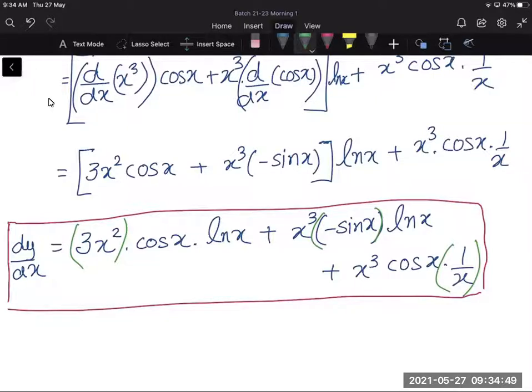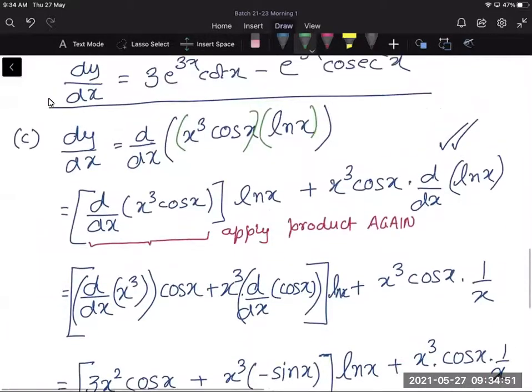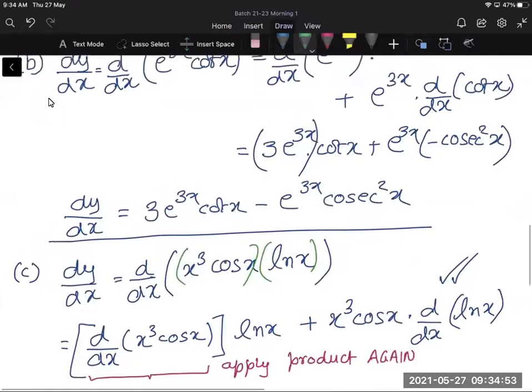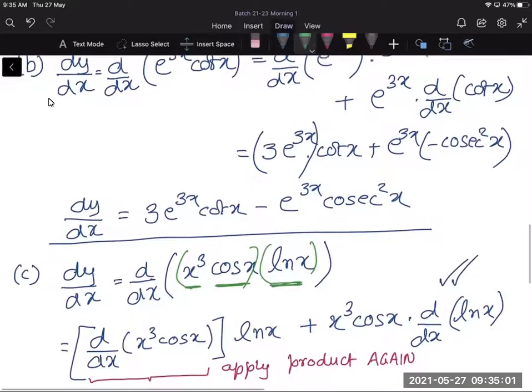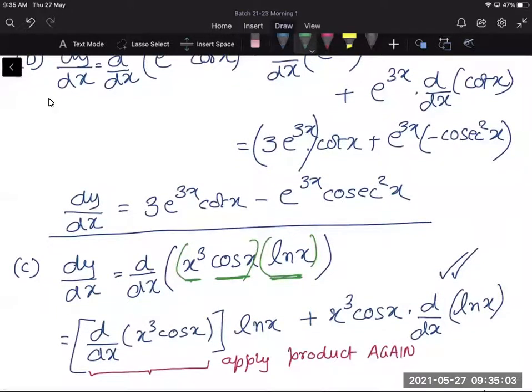The pattern is that what were we supposed to differentiate? Well, we were supposed to differentiate x cubed multiplied by cosine x multiplied by ln x. Right? Now I know that individually the differentiation of this is 3x square. I know that the differentiation of this is minus sine x. And I know that the differentiation of this is 1 by x.